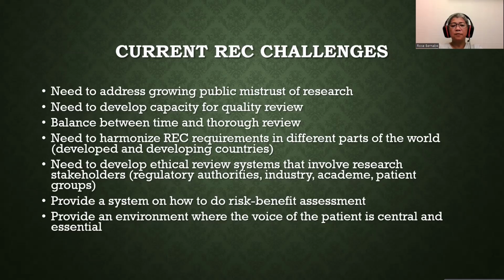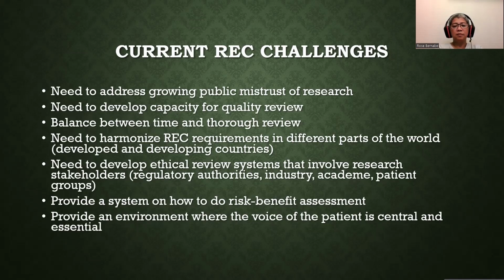The need to develop capacity for quality review, balancing between time and thorough review, between expedited review and full board. The need to harmonize requirements in different parts of the world, not only between low and middle income countries and high income countries, but also sometimes between RECs within the same country or continent.